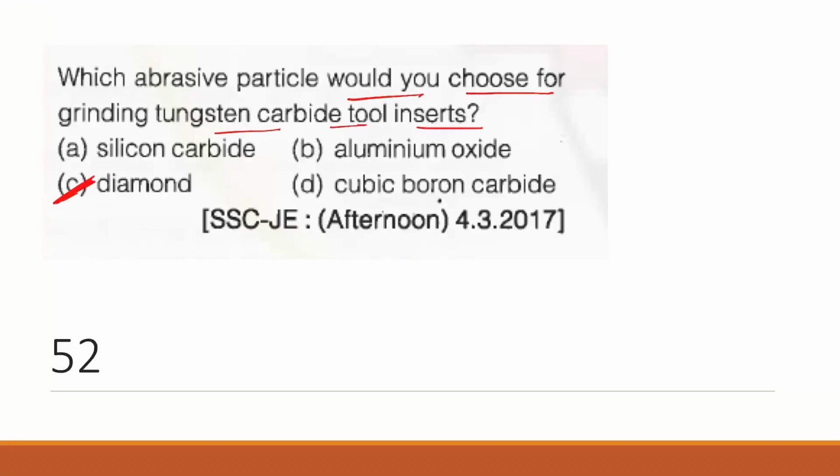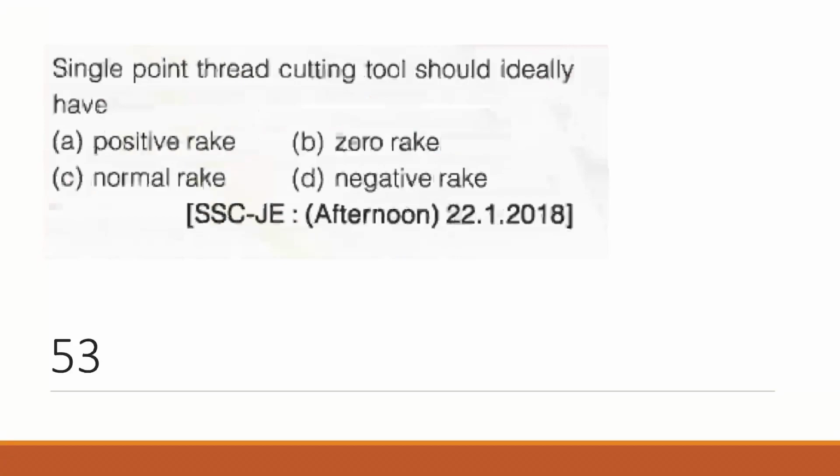Which of the following particles would you choose for silicon? Now the next question, the single point thread cutting tool should ideally have. A single point cutting tool should ideally have a positive rake angle, right?